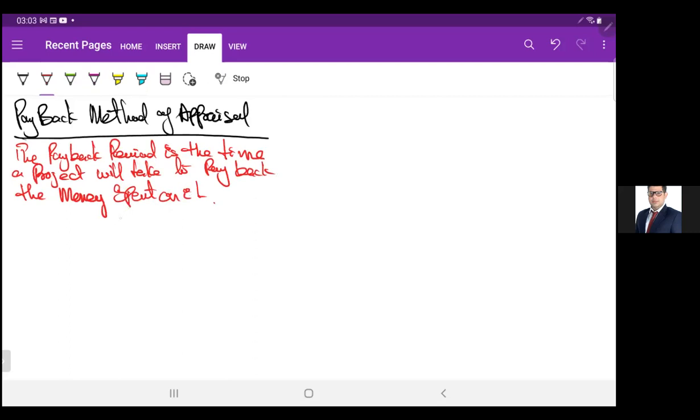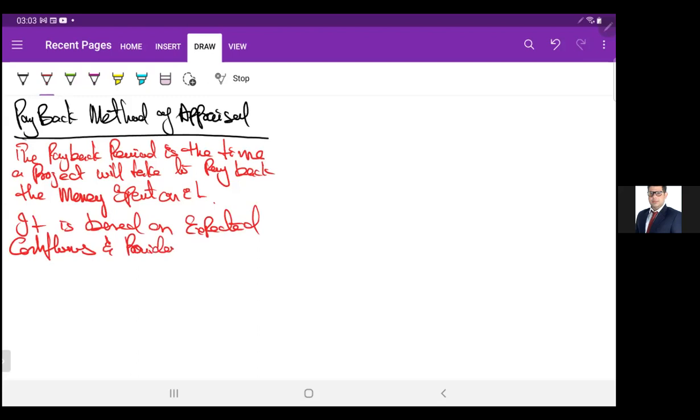It is based on expected cash flows and provides a measure of liquidity. Okay.